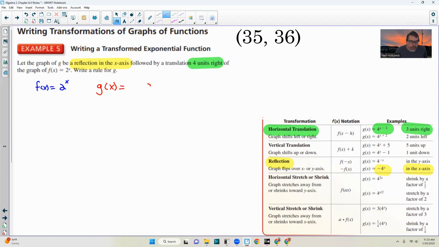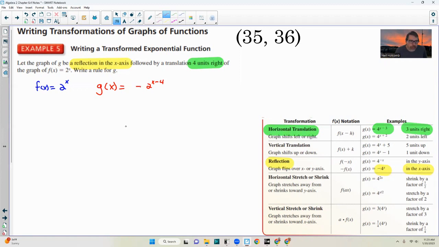So I'm going to have a 2 as my base. That doesn't change. And I want 4 units right, so that's going to be x minus 4 in the exponent. And a reflection in the x-axis puts a negative out in front.